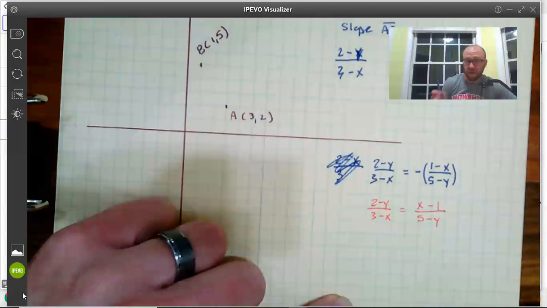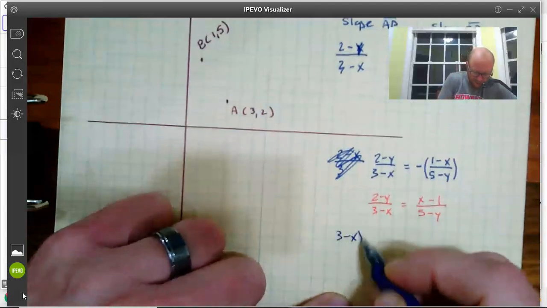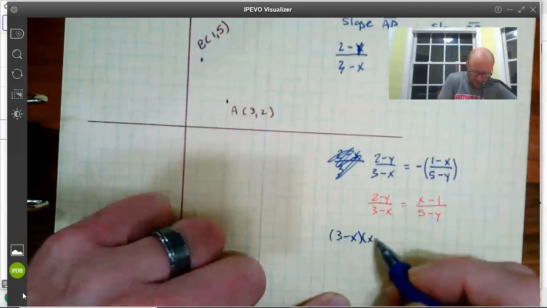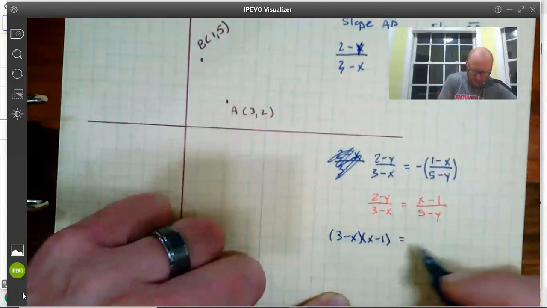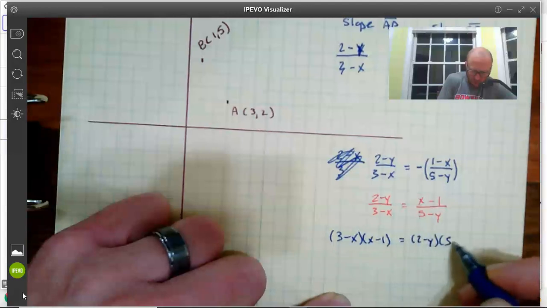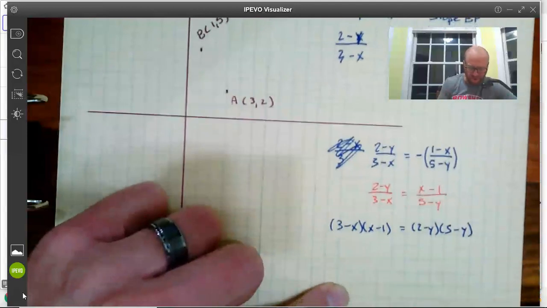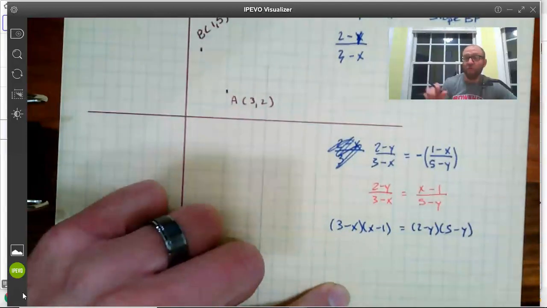Now we'll do a little cross multiplication. So I've got 3 minus X times X minus 1 equals 2 minus Y times 5 minus Y. We'll FOIL them together.